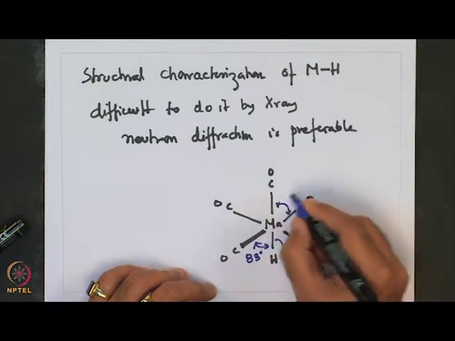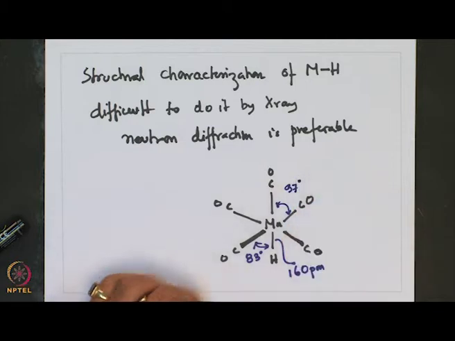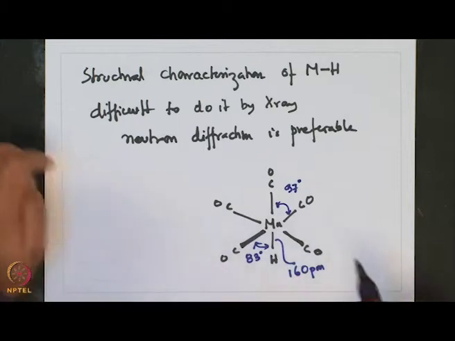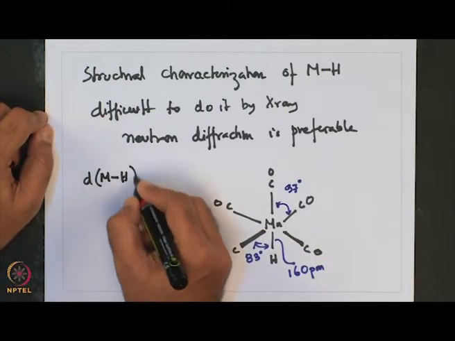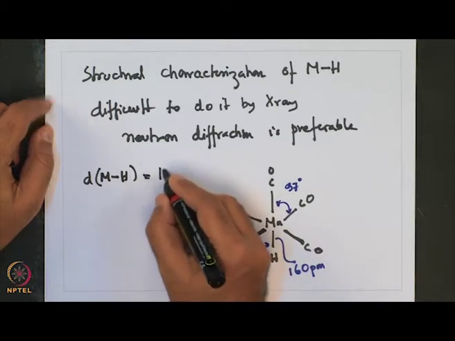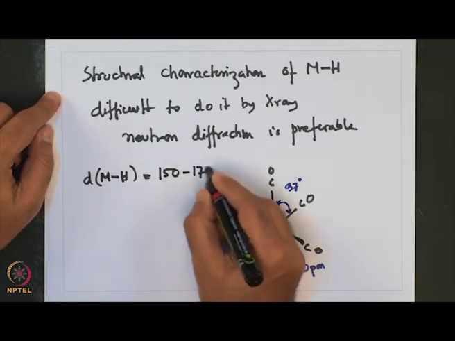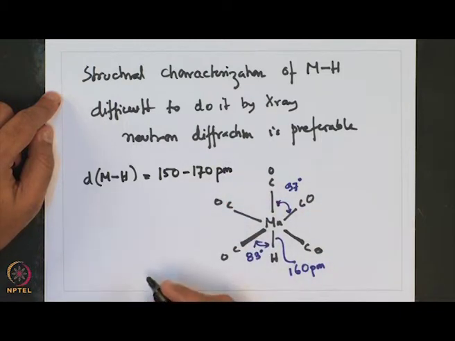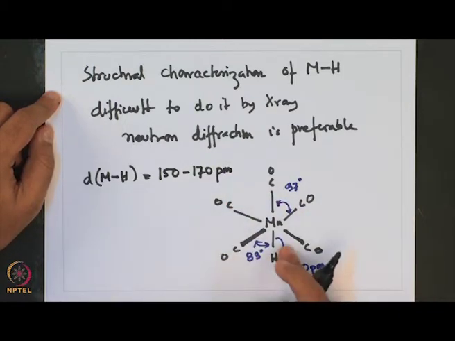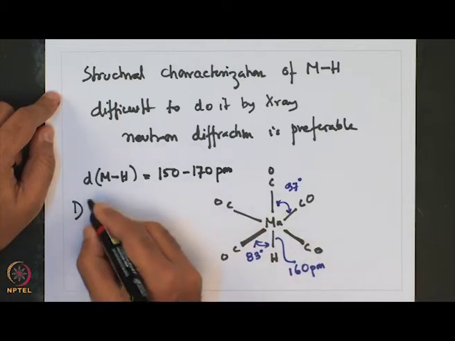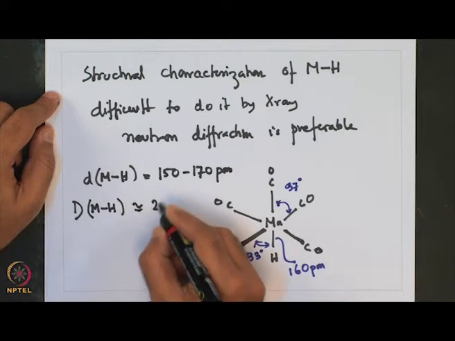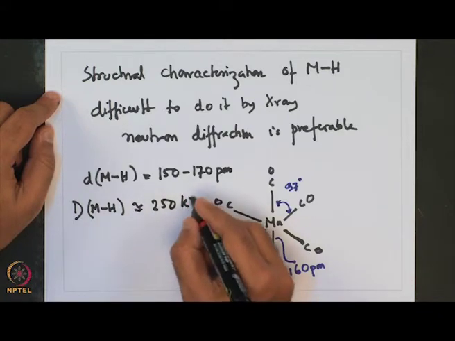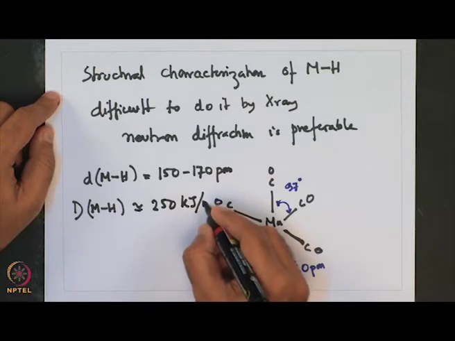And this one, instead of 90, is about 92 degrees. So, for the general characterization, metal hydride bonds can vary from 150 to 170 picometer, and as far as the strength of this bond is concerned, the bond dissociation energy of metal hydride is about 250 kilojoules per mole.